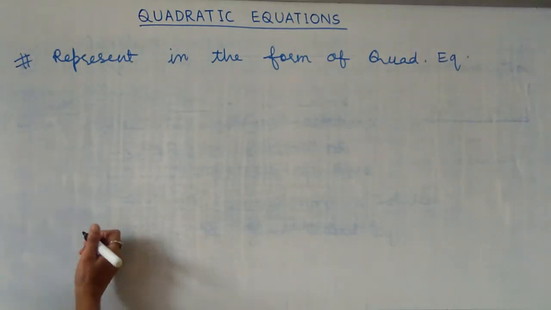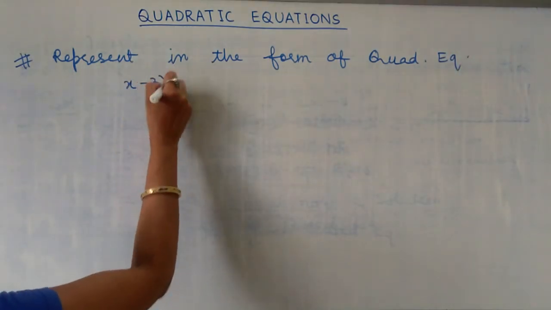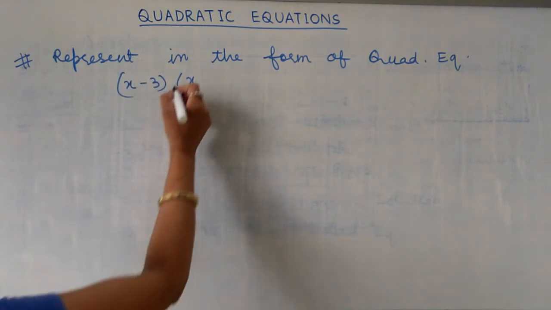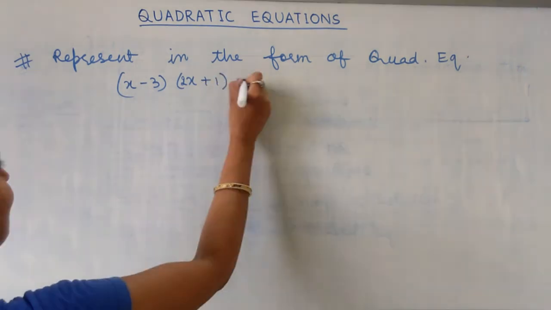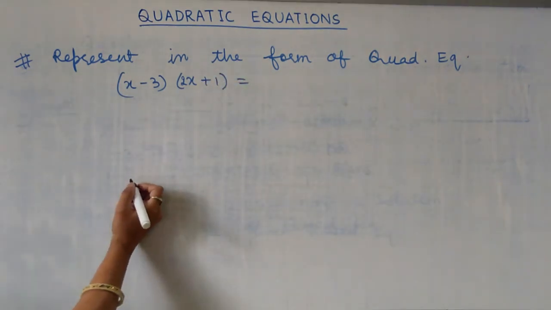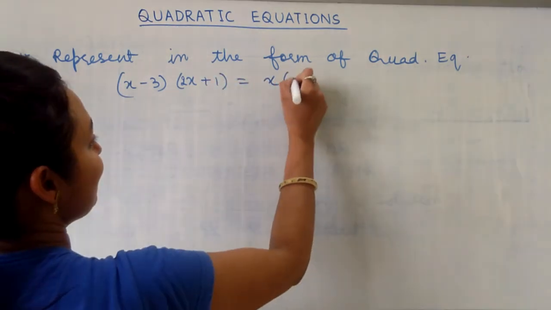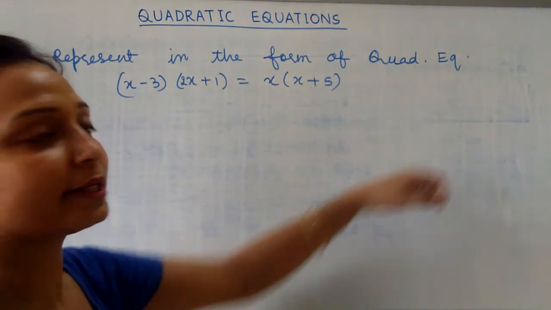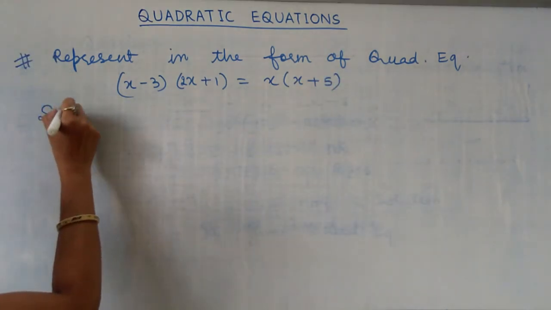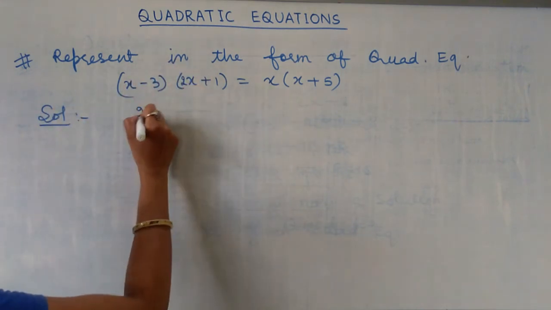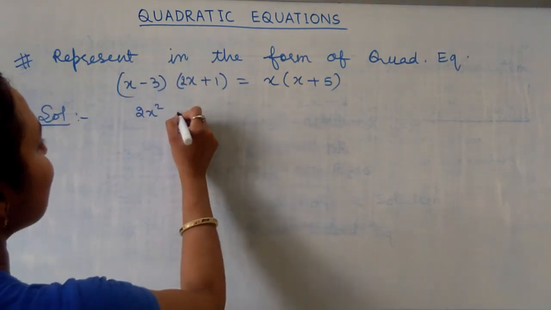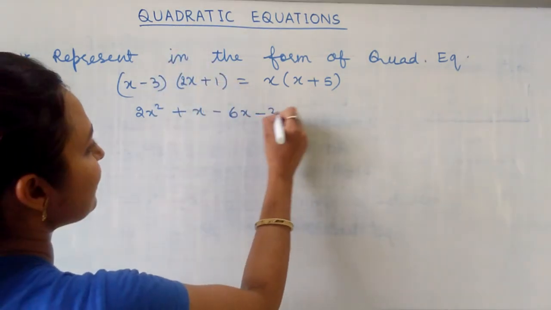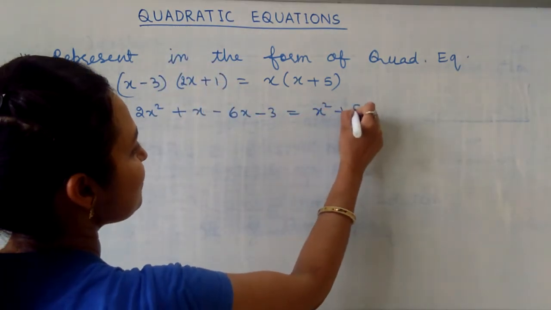The question is x minus 3 into 2x plus 1 is equal to x plus 5. So how can you represent it in the form of a quadratic equation? Solve it: 2x square, then plus x minus 6x, then minus 3 is equal to x square plus 5x.